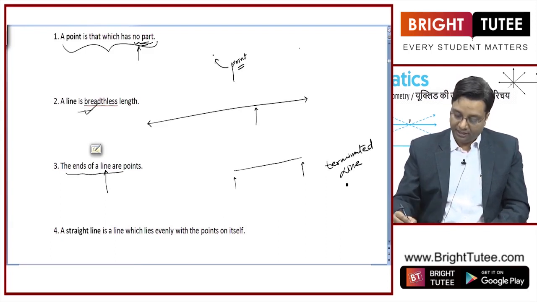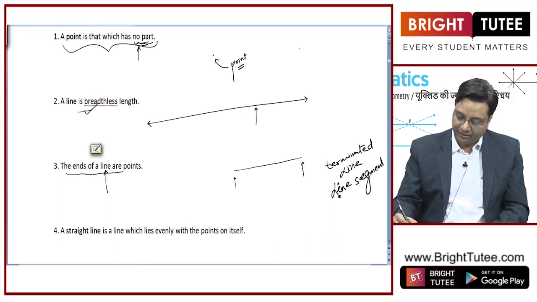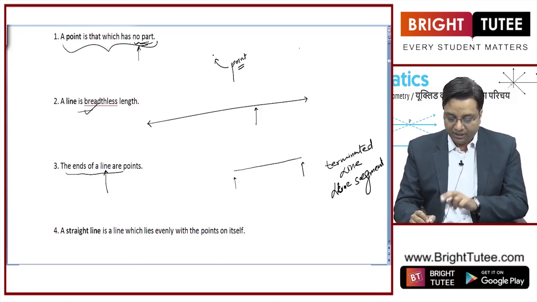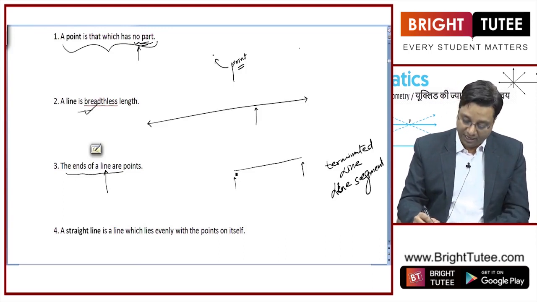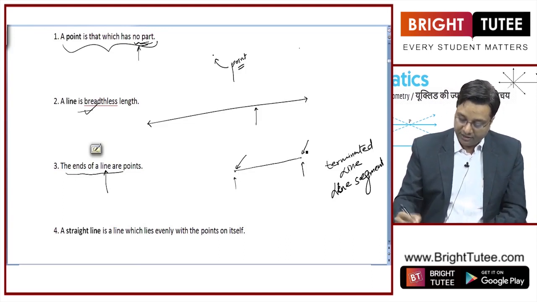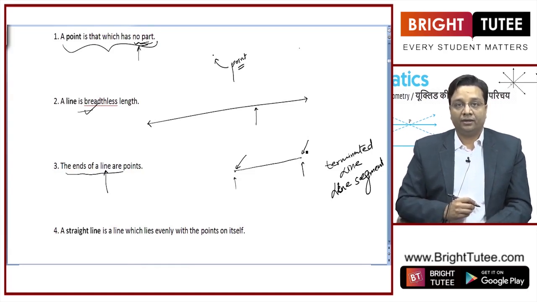We call it a line segment also. Ends of this line segment are points. So this is a point here and this is a point.